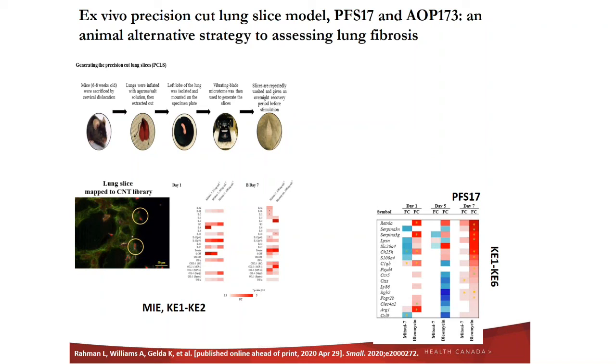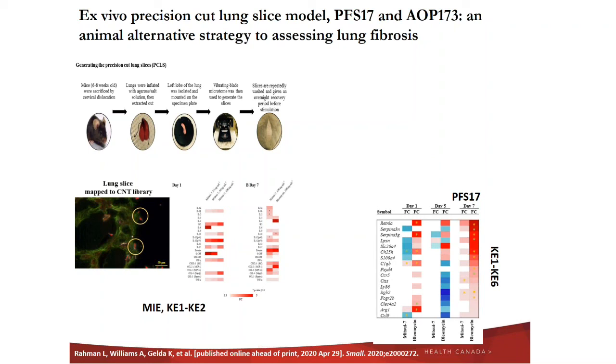On day 7, you see a lot of redness, which indicates high expression of some of these genes in the bleomycin model. In comparison, Mitsui-7 itself induces fewer of these genes, and the expression becomes apparent only on day 7 and less so during the earlier days.